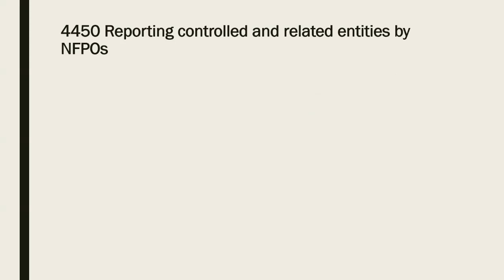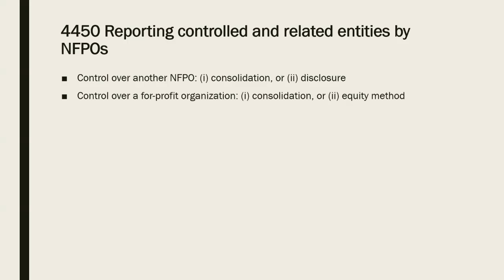Reporting of controlled and related entities by not-for-profit, Section 4450. If a not-for-profit organization has control over another not-for-profit organization, it may choose to either consolidate or provide note disclosure.